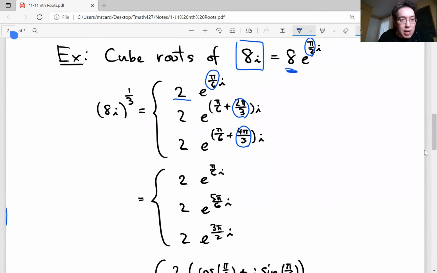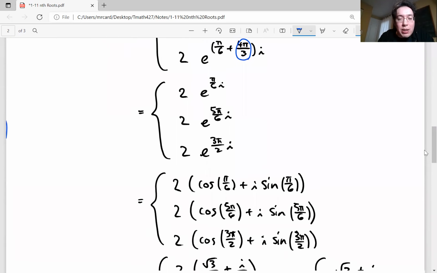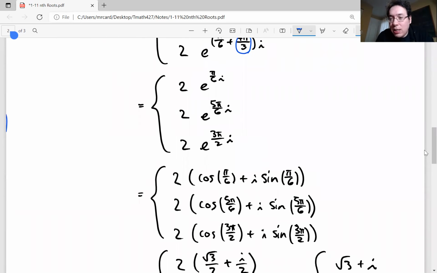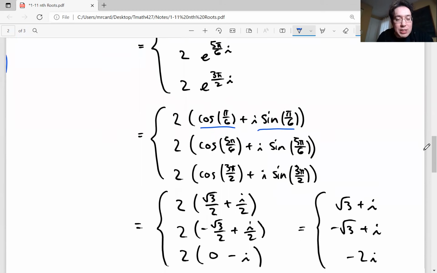So I can add the angles together. And if I want to write this out in standard form, like a plus bi form, I could use Euler's formula. So instead of writing e to the pi over 6 i, I replace that with cosine of pi over 6 plus i sine of pi over 6. And pi over 6 is 30 degrees. It's a nice angle. So if you remember that, we could write down the exact answer.